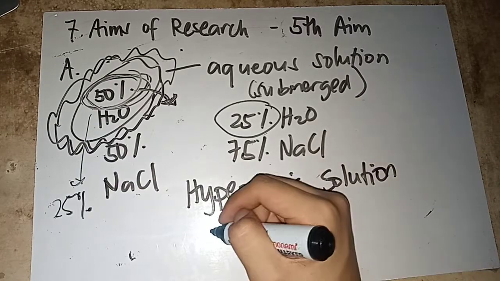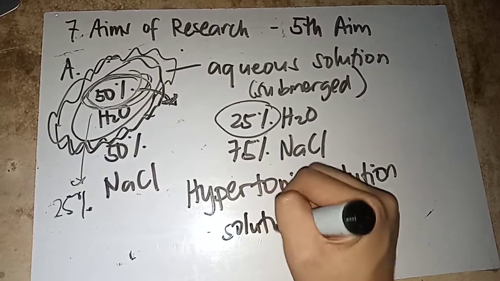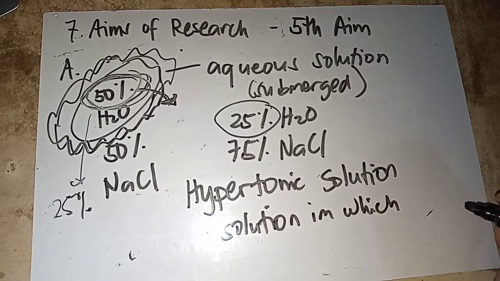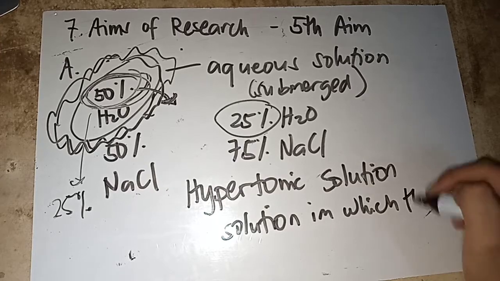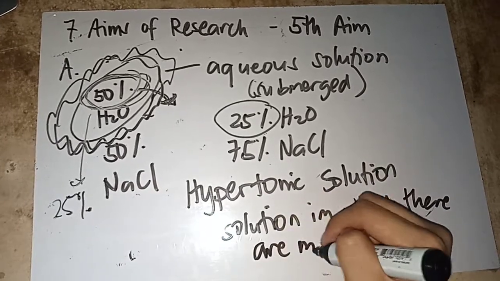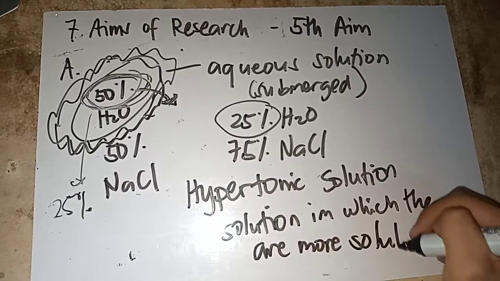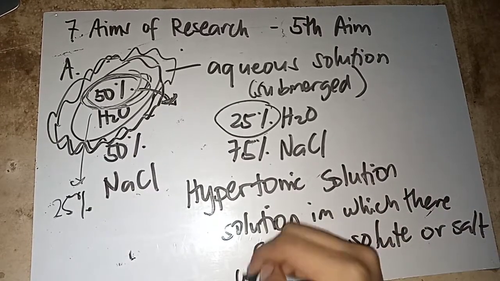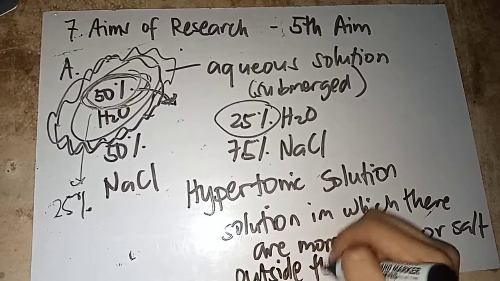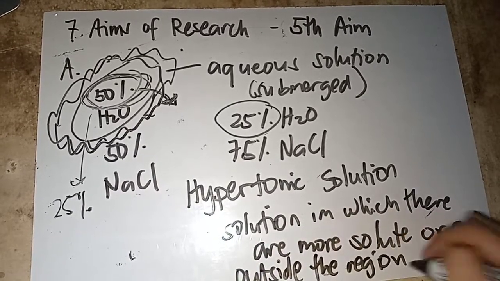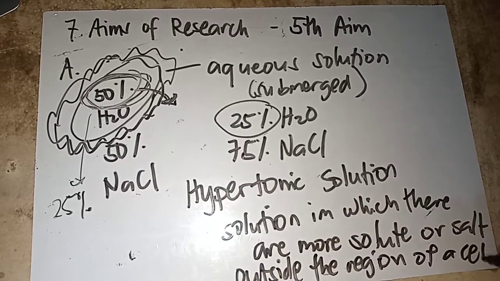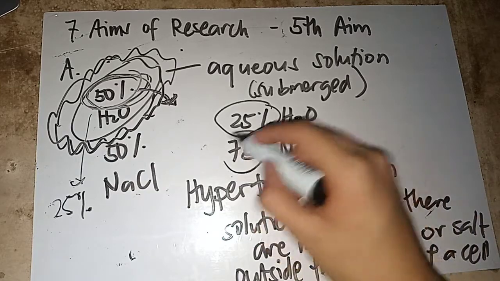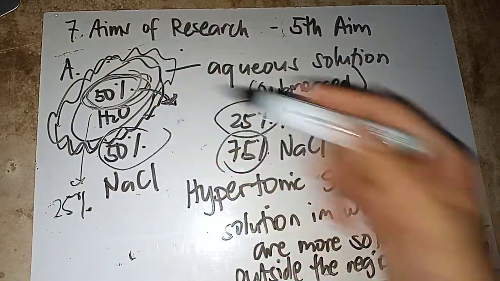So, a hypertonic solution is a solution in which there is more solute or salt outside the region of a particular cell. We can see that the salt here is much higher than inside the cell.